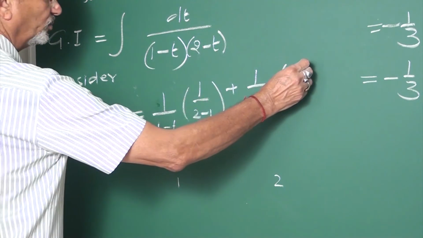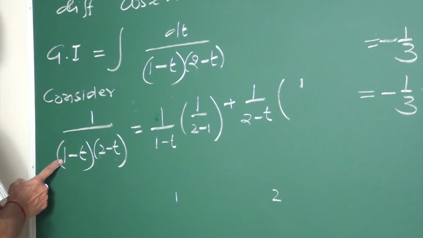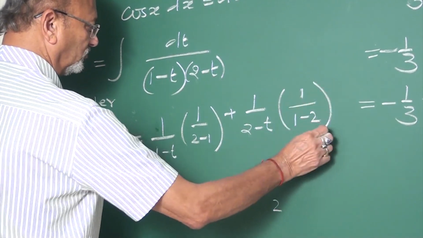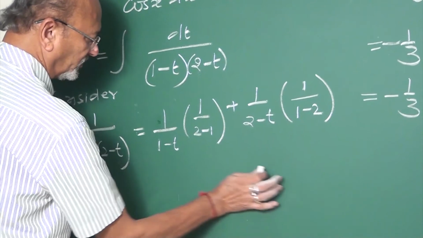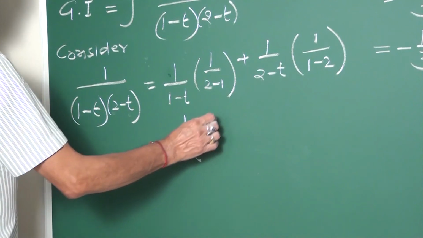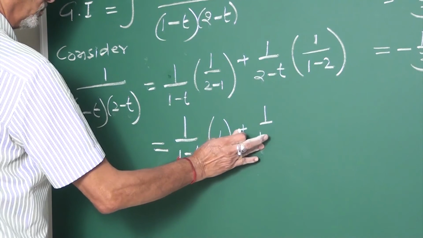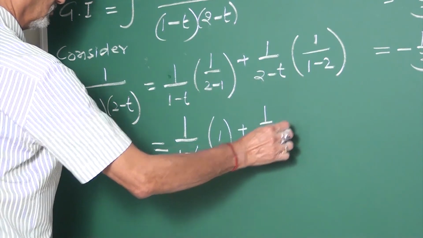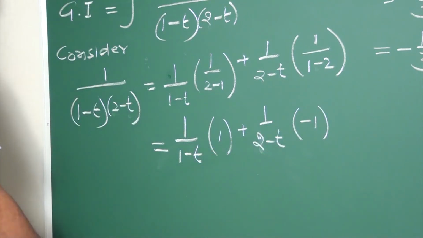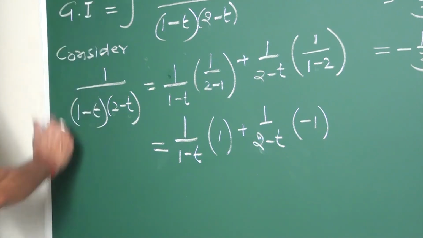Except this, the numerator is 1, and it is 1 upon (1 minus 2). Simplify this. It is 1 upon (1 minus t) plus 1 upon minus 1 times 1 upon (2 minus t). Now you find the integral of this, then you substitute there.